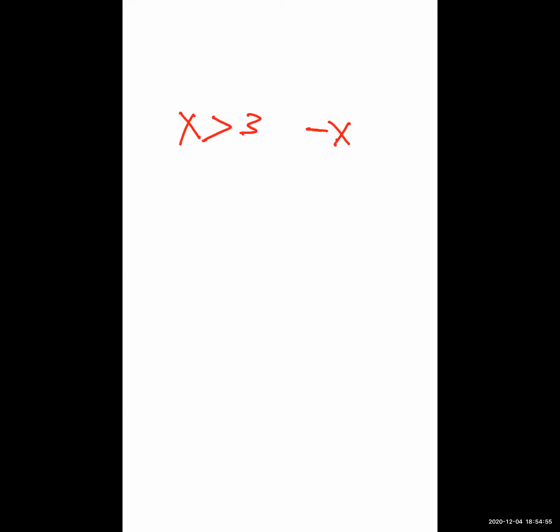Actually, if x is greater than 3, so negative x, I will just multiply by negative, so this means I will just change the symbol. So x greater than 3, so negative x less than negative 3. Okay, guys? Are we clear?